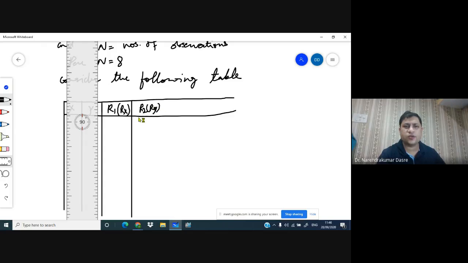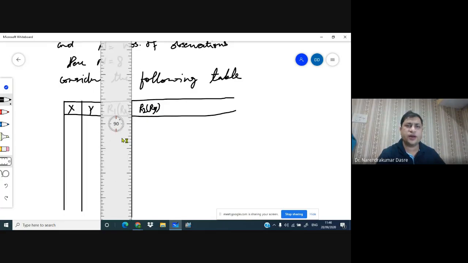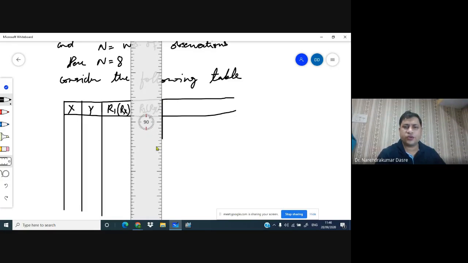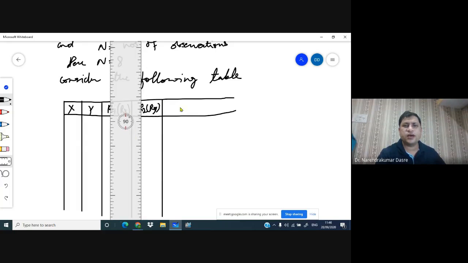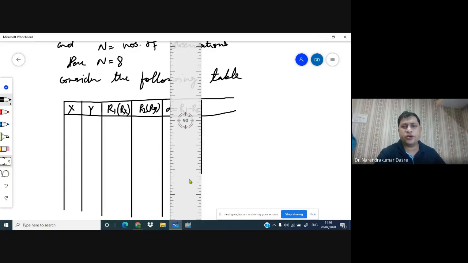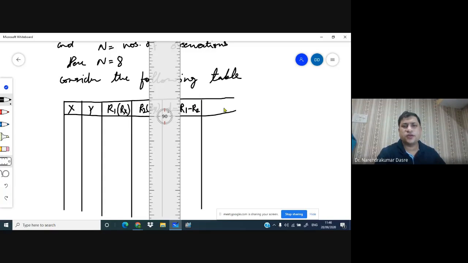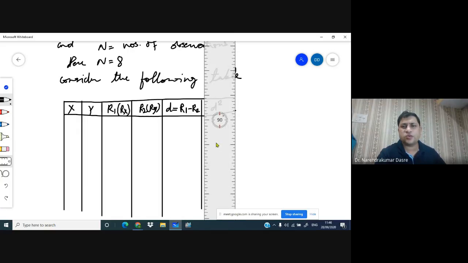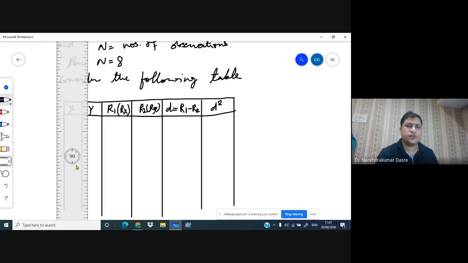You can say this Ry, rank of X or rank of Y, or R1, R2. That will also do. And then we have D. What is D? R1 minus R2. Okay, and we want this D square.